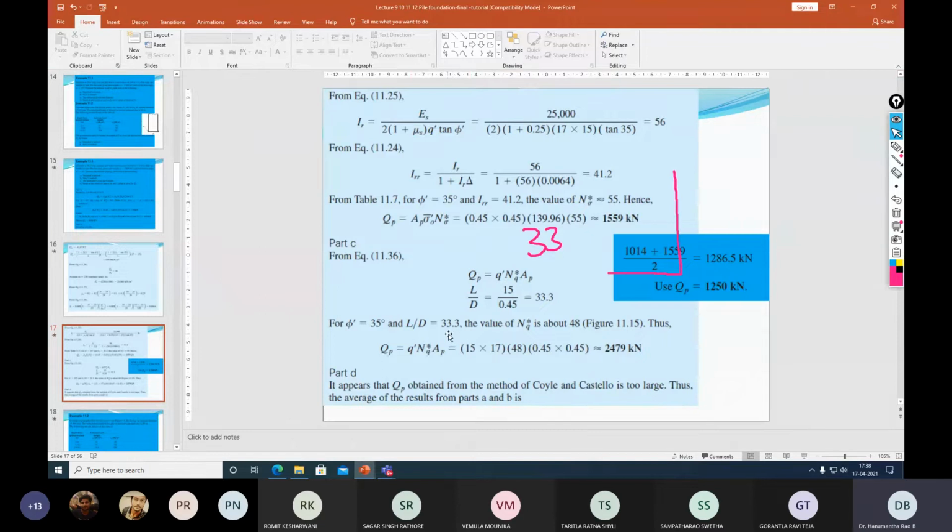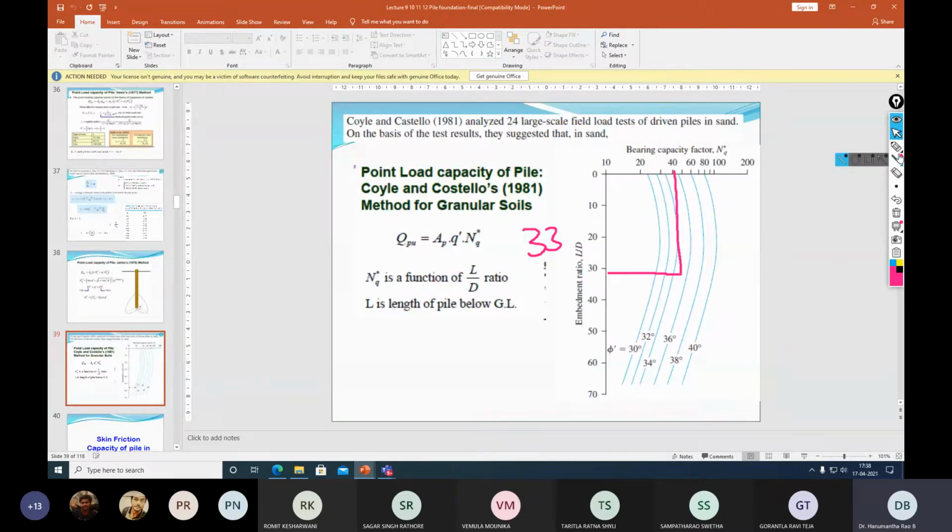So here L by D is 33.3, phi dash is 35. So Nq star is approximately 48. The exact value is 48. Even if you take an approximate value, no problem as such.